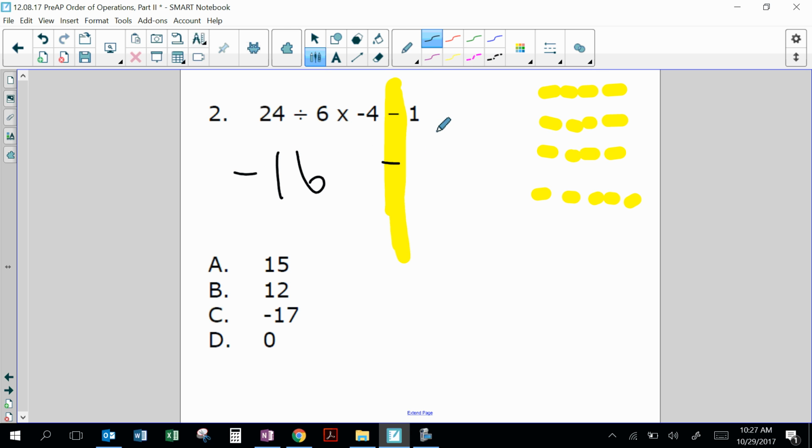Minus, and the right term is 1. So what's negative 16 minus 1? Negative 16, add the opposite, negative 1. So it'll be negative 17. C. As you can tell, A, B, and D do not make sense. So C is the only one that would make sense.